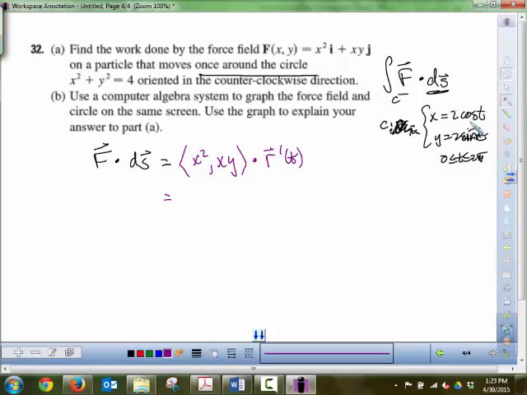Well, x is equal to 2 cosine t and y is equal to 2 sine t. So this is my vector field with my function put in. And then my r prime is the derivative of x, that's negative 2 sine t. The derivative of y, positive 2 cosine t. And then that's it. And I'll throw the dt in there that I'm going to put in my integral.